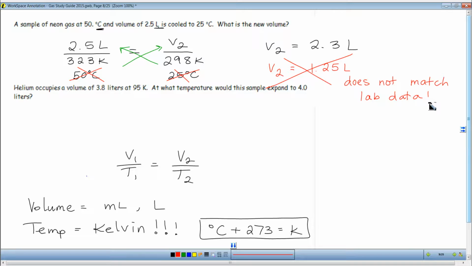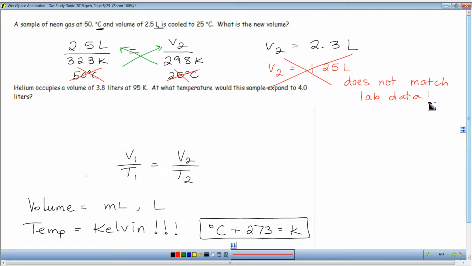There's qualitative questions on the next test that might say A, B, C, D. If the Celsius temperature doubles, what happens to the volume? And one of the choices is like, does the volume go down? Which, I mean, if I double the temperature, I should be at least increasing the volume, right? If I increase the temperature, I should increase the volume.